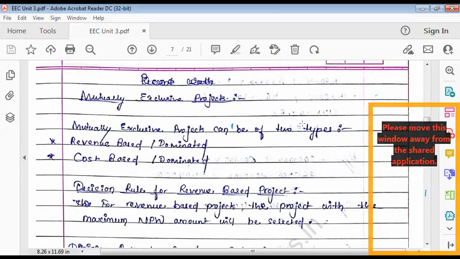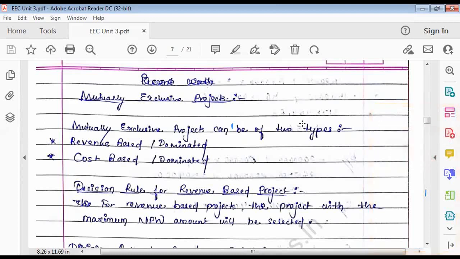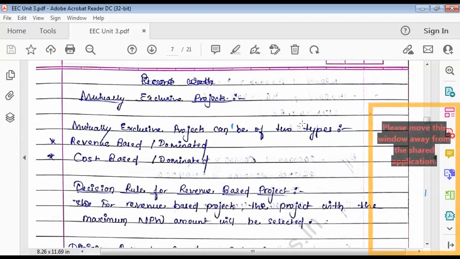They are called mutually exclusive projects, where you find more than one project. So far as mutually exclusive projects are concerned, they are of 2 types: revenue based and cost based.